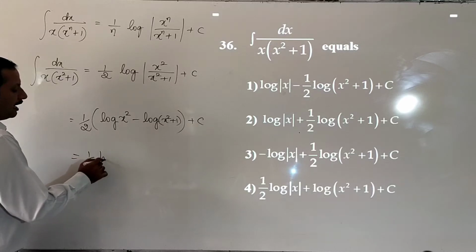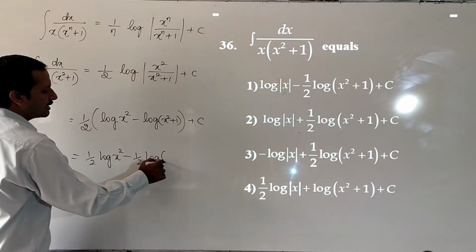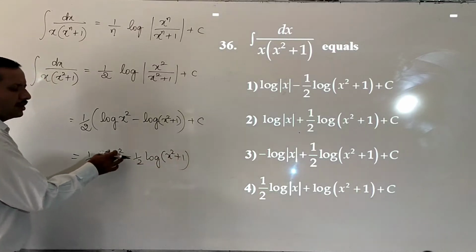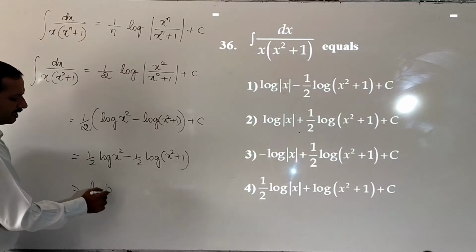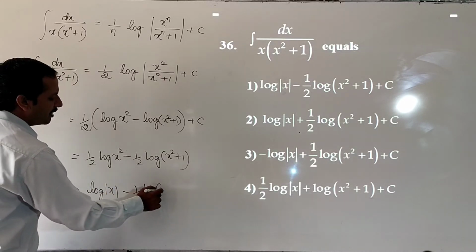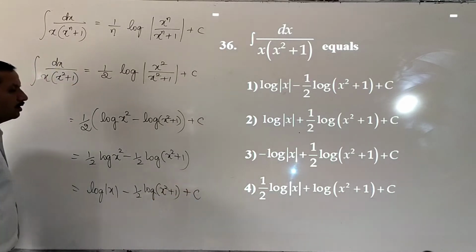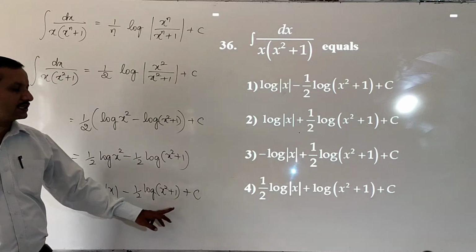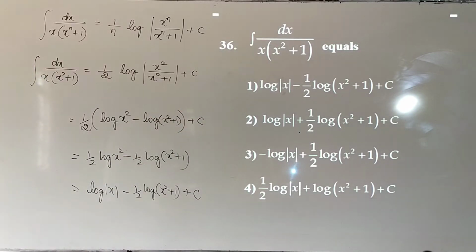Then half log x square minus 1 by 2 log x square plus 1. Log x square can be written as 2 log x, so 2 gets cancelled, log mod x minus 1 by 2 log mod x square plus 1 plus c. First option is the correct answer.